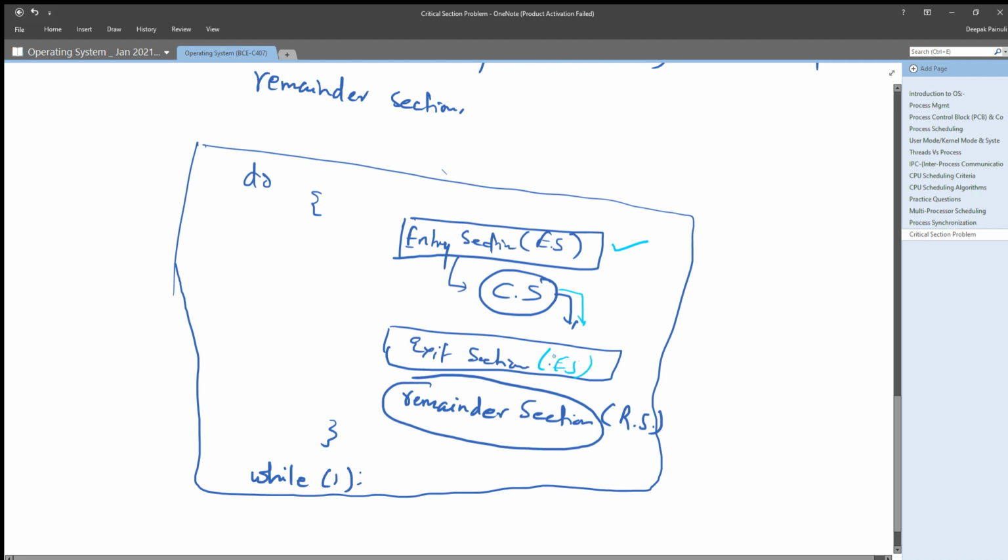And except these three sections, the rest of the code of the process is the remainder section, where it is not doing any critical tasks, right?